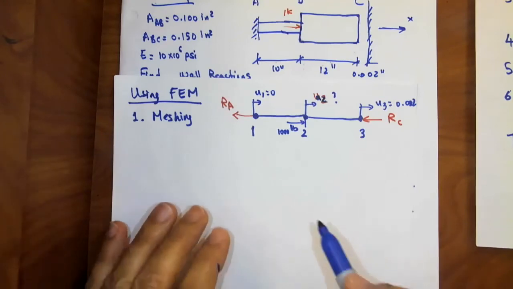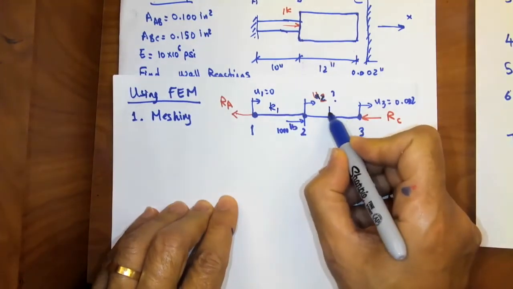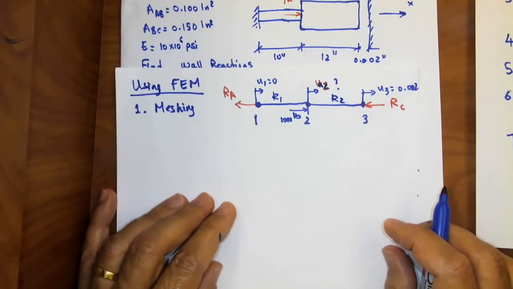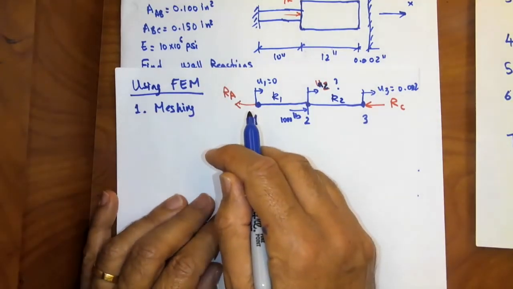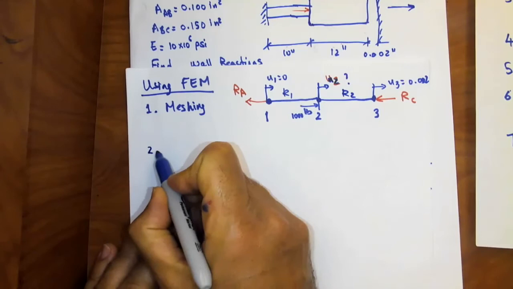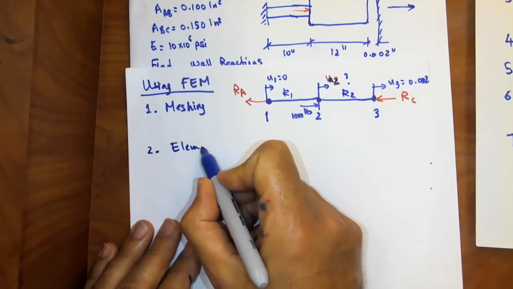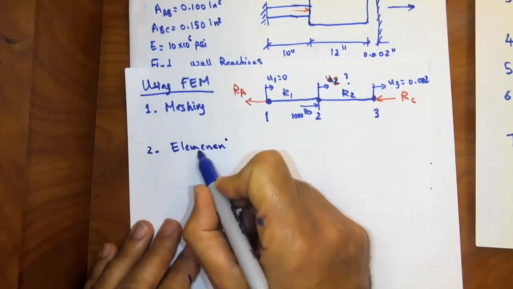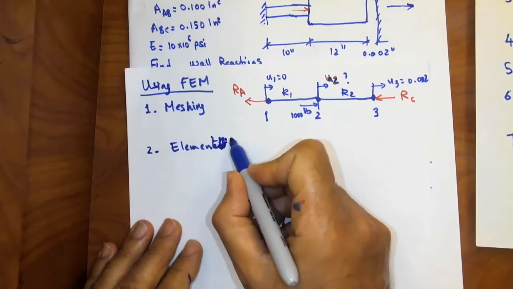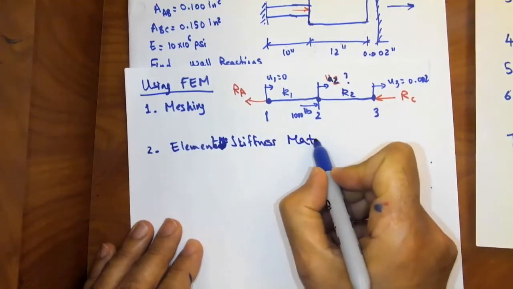Okay. So here I have two elements. Element 1 has a stiffness K1 and element 2 has a stiffness K2. So one of the first things I want to do here is to evaluate K1 and K2, because my next step is to write my element stiffness matrices.